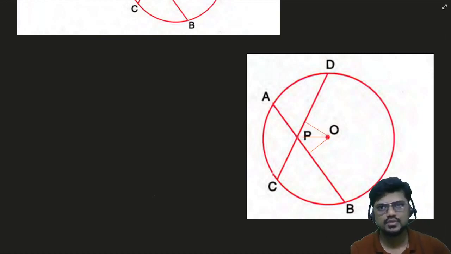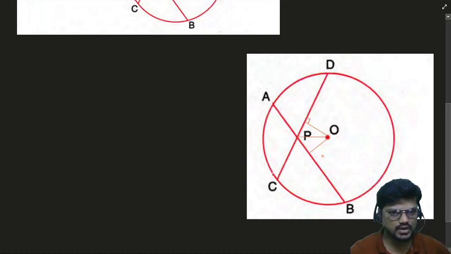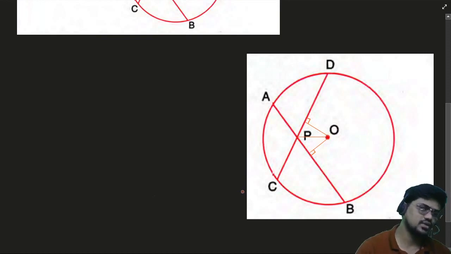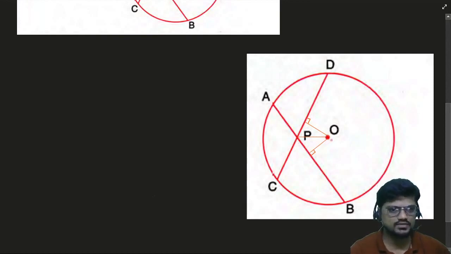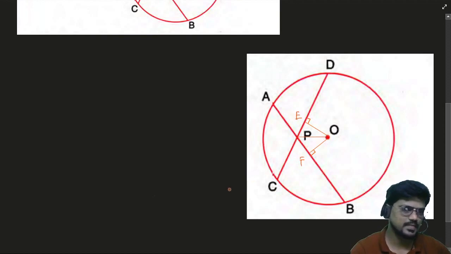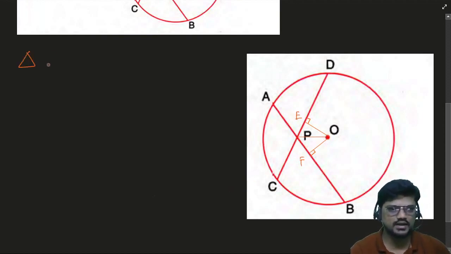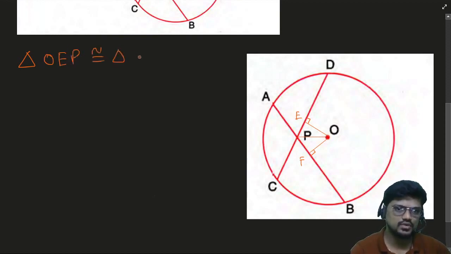If this line is perpendicular and this line is also perpendicular, what do we know? If this is E and this is F, I will have to prove that triangle OEP is congruent to triangle OFP.